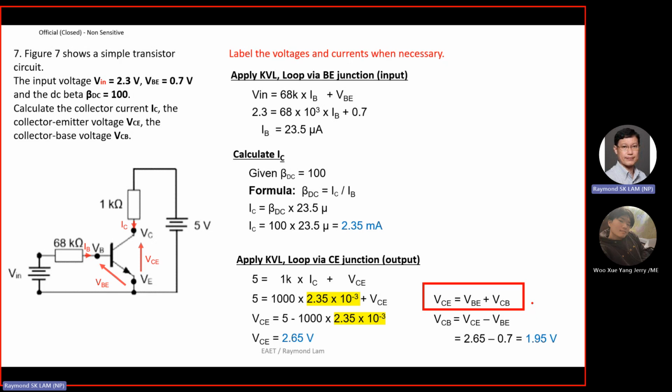VCE. Then you hit this one, it's VBE. Plus or minus? Minus, because we hit the arrow tail first. So KVL is very powerful. If you cannot do this, you just memorize it.